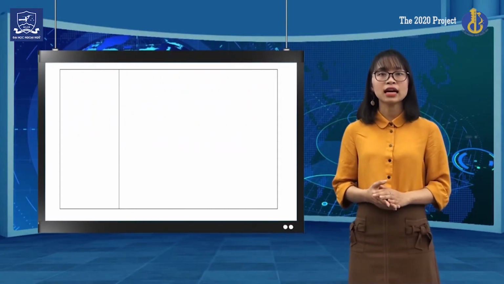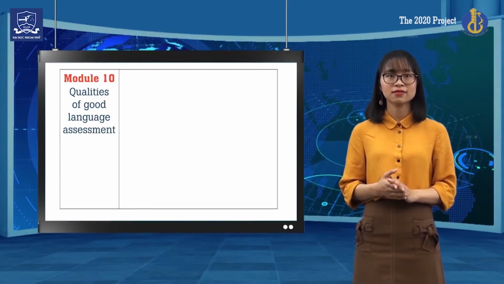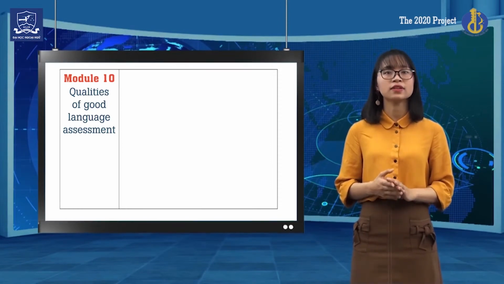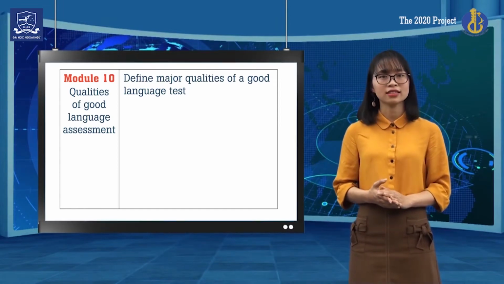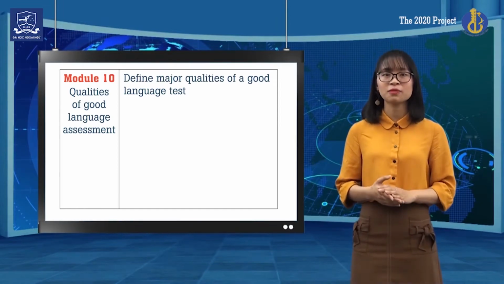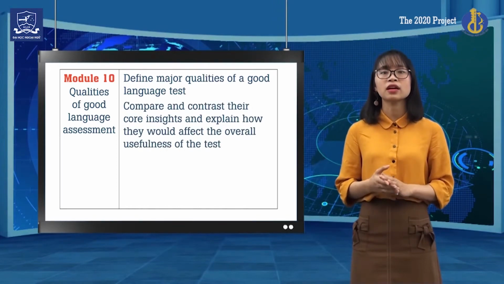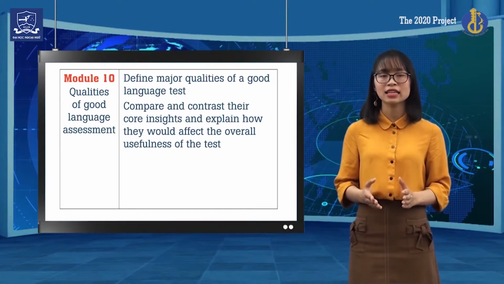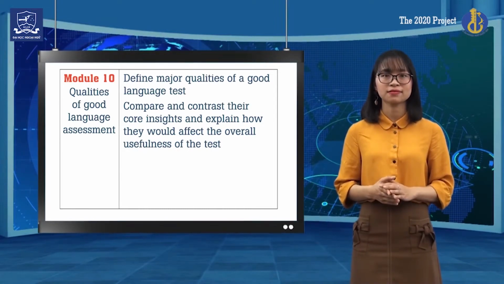Now, we move to the last module, the qualities of good language assessment. To be more specific, 6 major qualities of a good language test have been mentioned. What are they? It's great if you can remember. If you don't, I highly recommend you review the qualities because they are contributory factors of the usefulness of all tests that you design to assess your students' language.